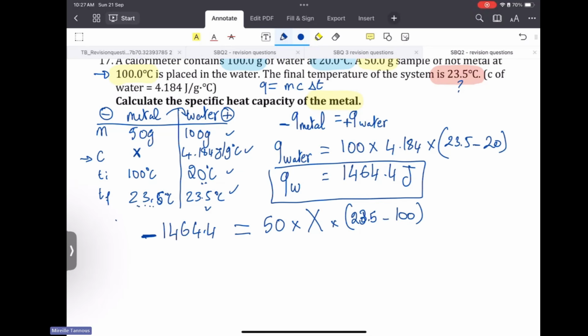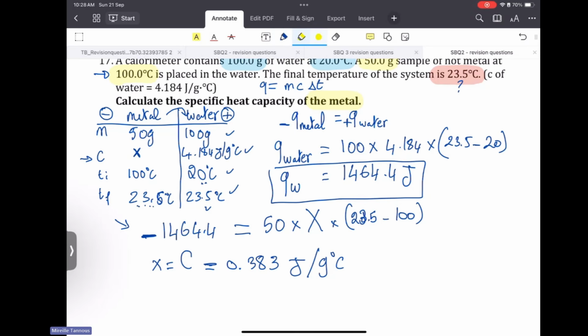Don't forget to put the negative over here. Plugging this into your calculator, solving for X, the specific heat capacity, which is C for the metal, would be 0.383 joules per gram Celsius.